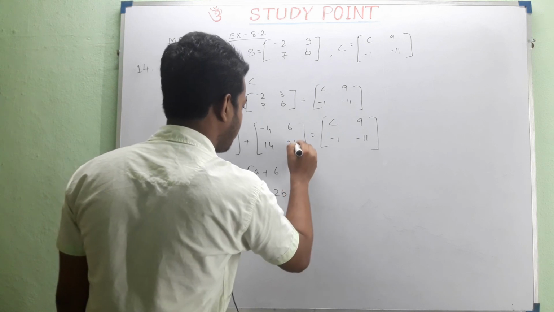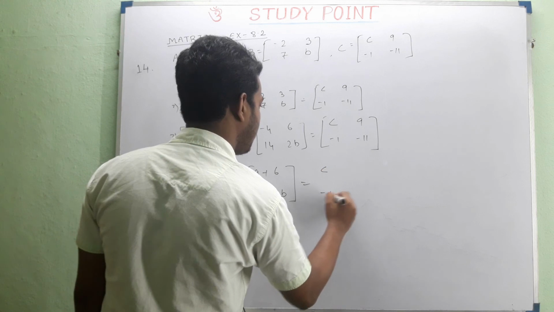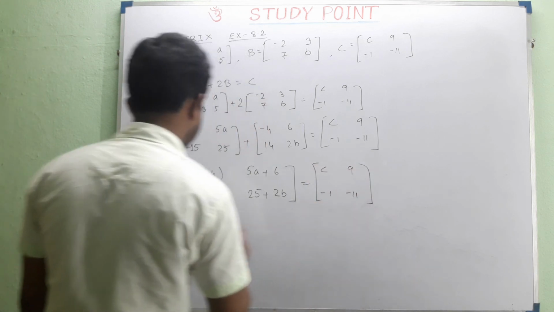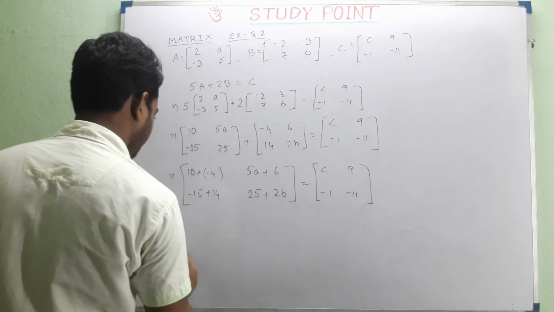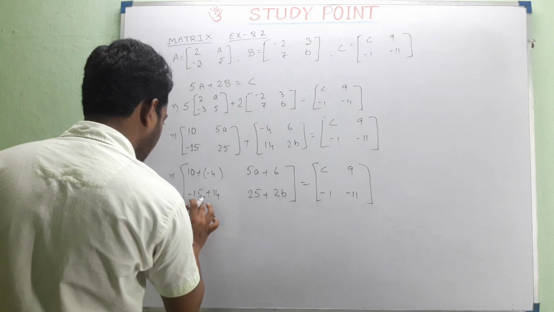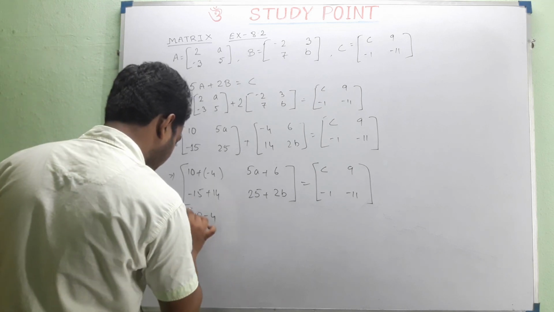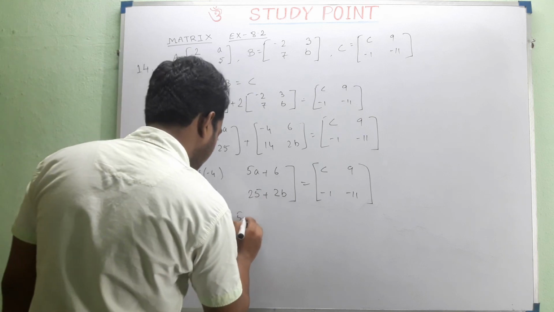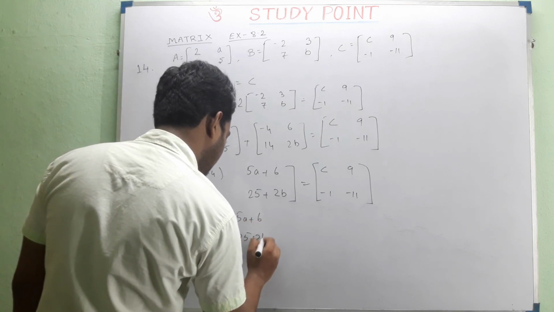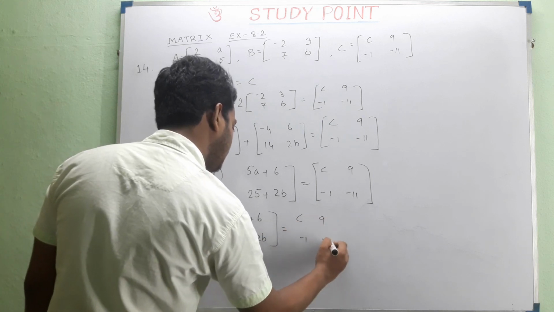This one is B, okay, equals C, minus 1, 9, minus 11. 10 plus into minus will be minus 4, and minus 15 plus 14 will be minus 1. Here this one will be 5A plus 6, and it will be 25 plus 2B equals C, 9, minus 1, minus 11.